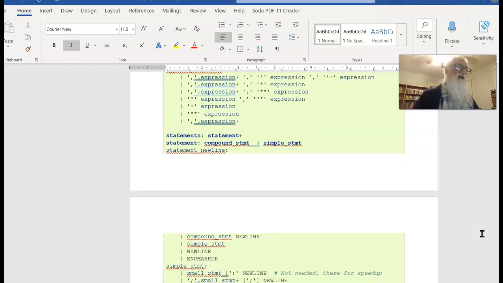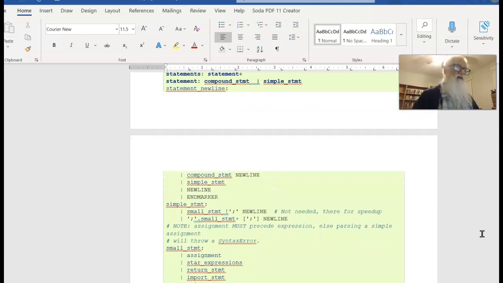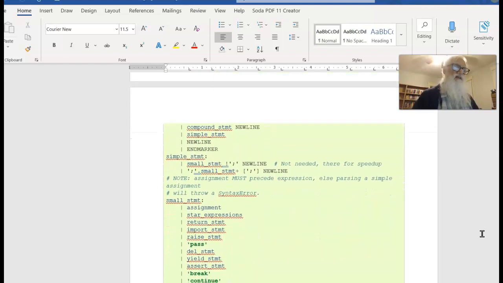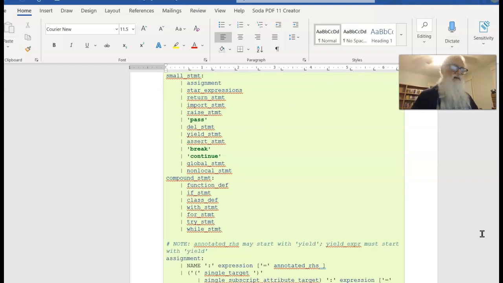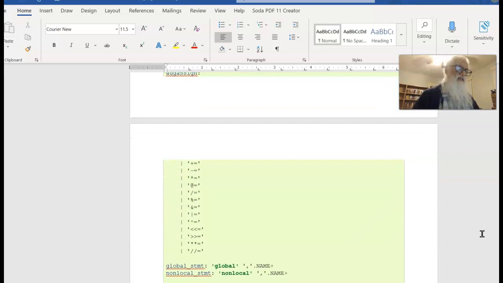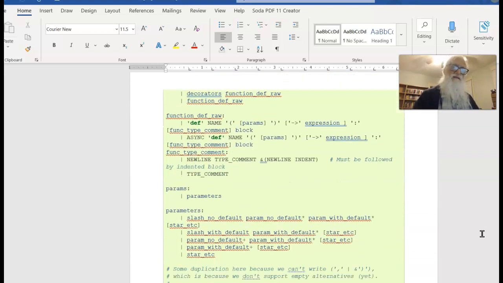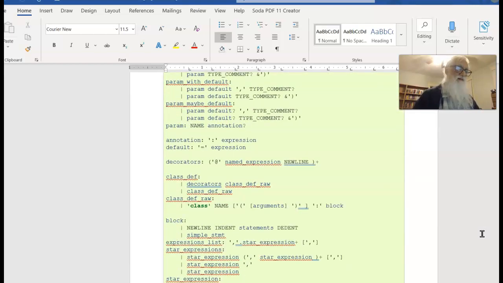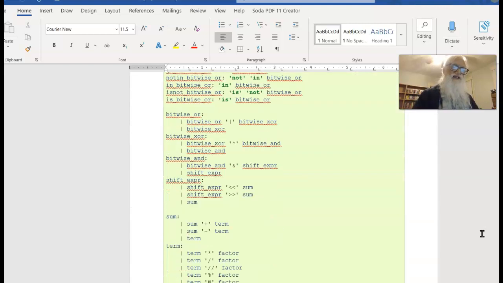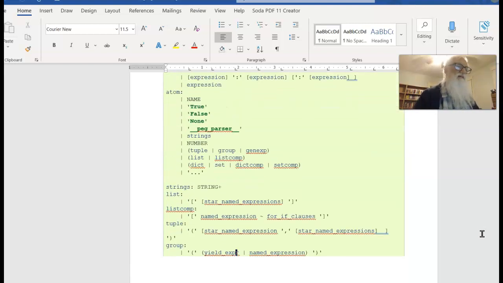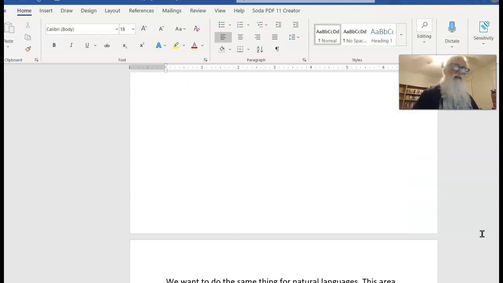Then if you look at statement, new line, you look like small statement, command, a compound statement. This thing goes on for page after page after page. I can't even remember how many pages it went. I think I'll use page down instead of what I was using. So you can see it just continues.